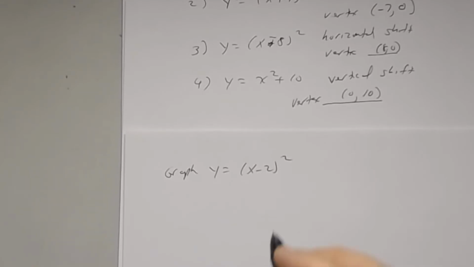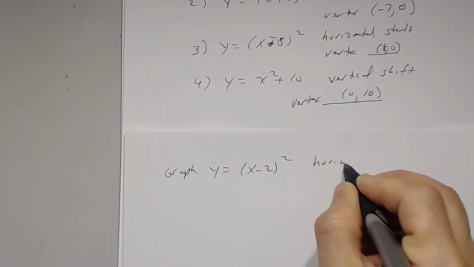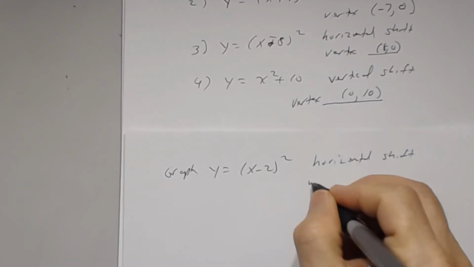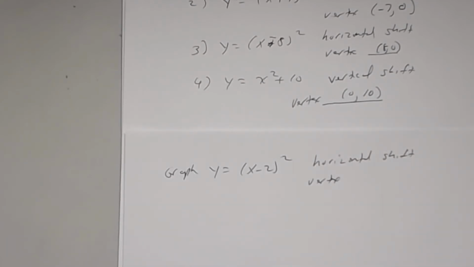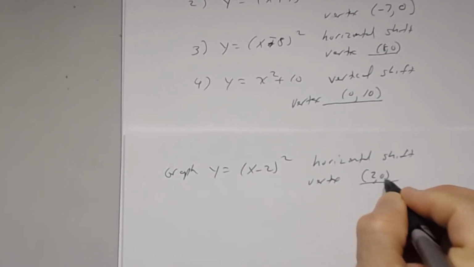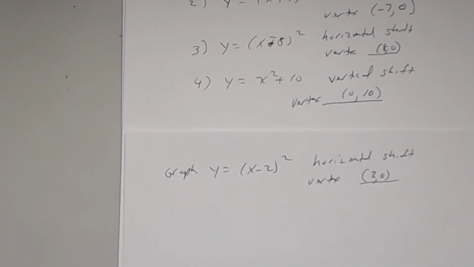It's a horizontal shift, which means that instead of the parent function having the vertex at the origin, I'm now going to shift it to the right. How many units? 2. So what's the vertex going to be then? 2, 0.